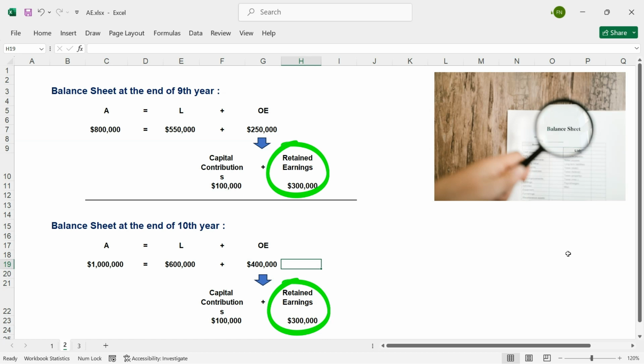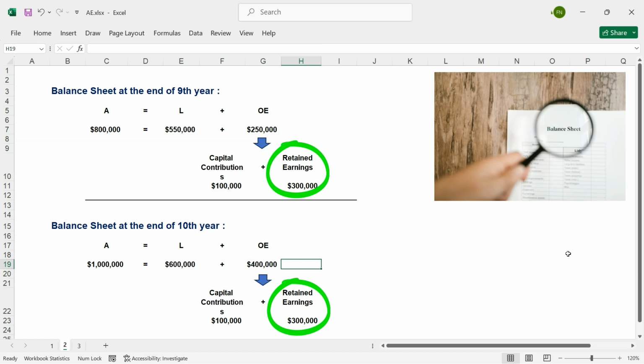Think about that. If retained earnings increased by $150,000, they must have had earnings of at least $150,000, net or less any dividends that were paid during that period. That's very significant and is a very, very positive sign.